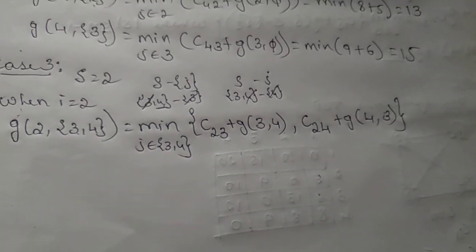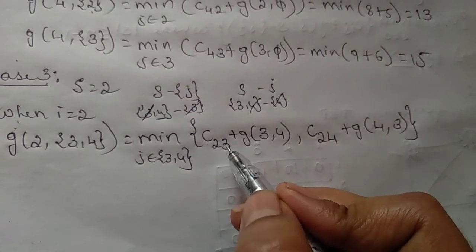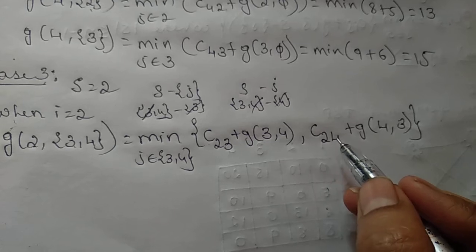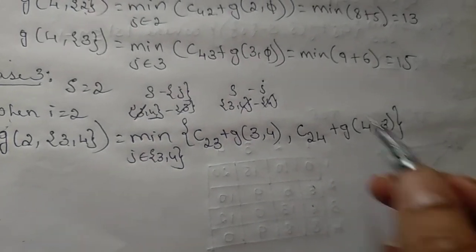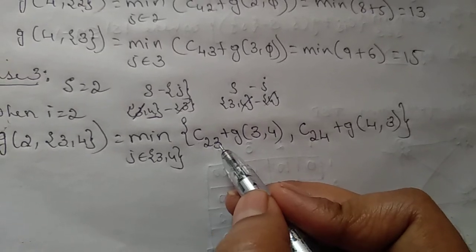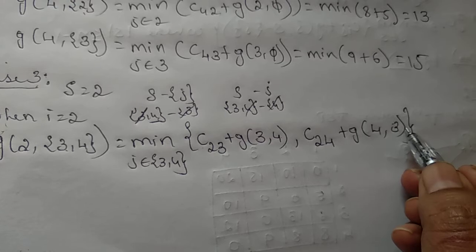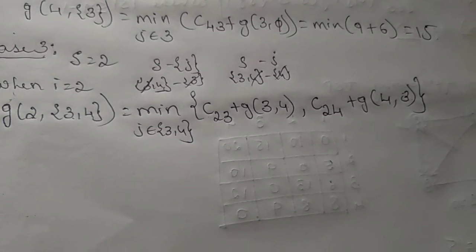Is it not? Why I am doing this is, first it can go from 2 to 3 then 3 to 4, or else from 2 directly it can go to 4, then from 4 to 3 it can go. See, here only it is there. From 2 to 3, 3 to 4, 2 to 4, 4 to 3 it is going. This is how I am taking these values.